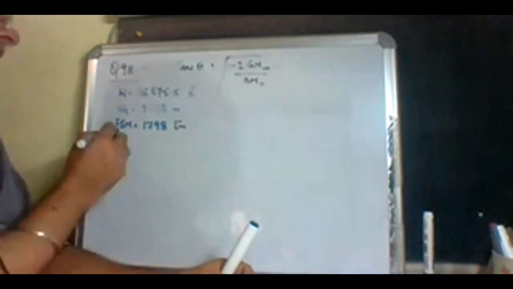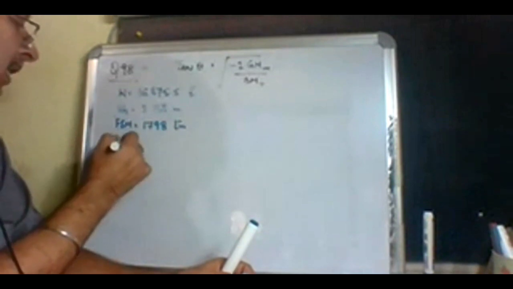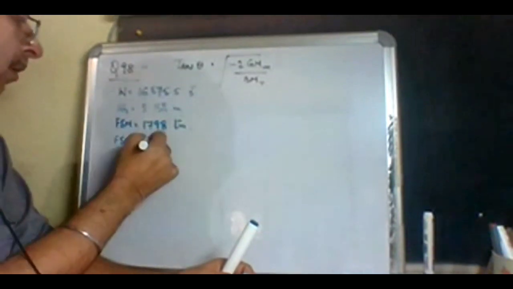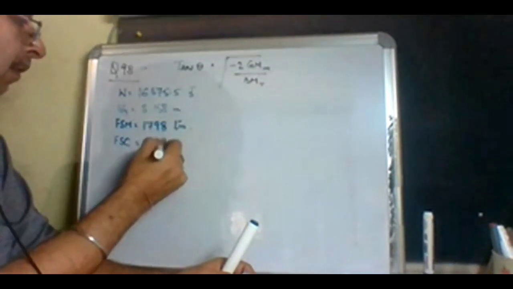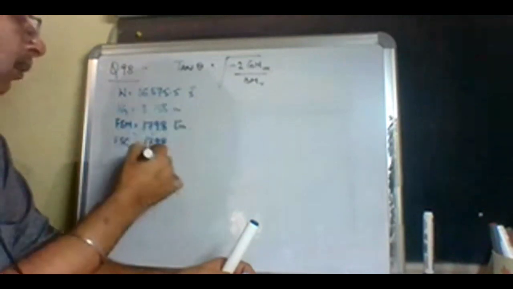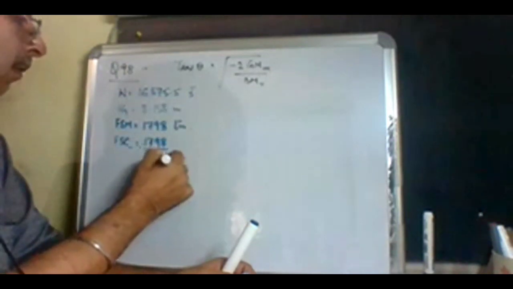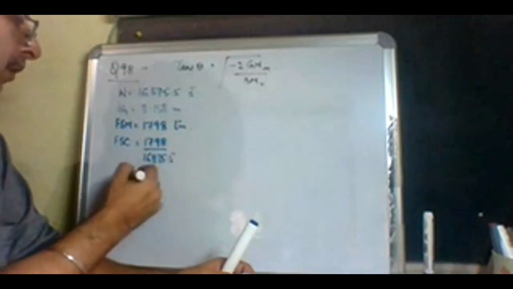So FSM is given to us. So FSC will be FSM divided by W. This will give me FSC.